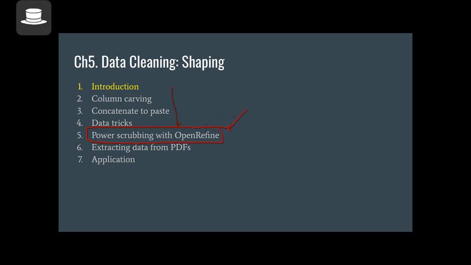And lastly, we'll also learn how to extract data from files that are not in CSV or text or Excel formats, specifically when they are in PDF formats. What do you do then? Sometimes you get data in the PDF format.